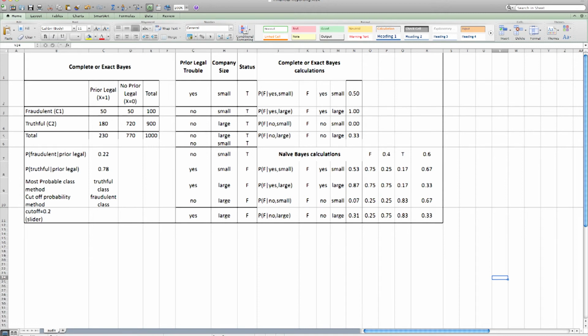So now from this we can compute some of the conditional probability values that we talked about. For example, the probability of a particular record belonging to the fraudulent class, that is C1, given the prior legal trouble, the one predictor that we have, would be 0.22, computed using these numbers. 50 reports that were fraudulent also had prior legal trouble.